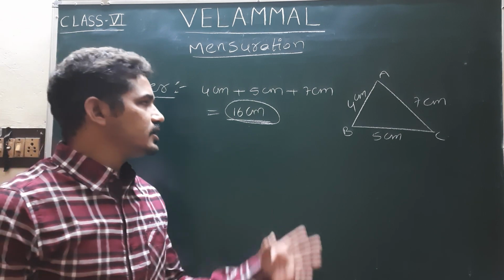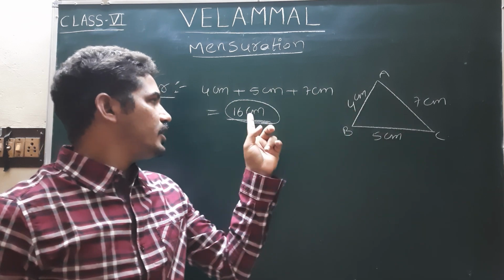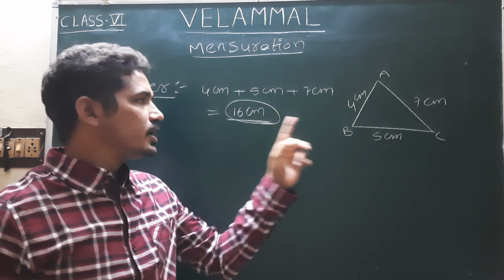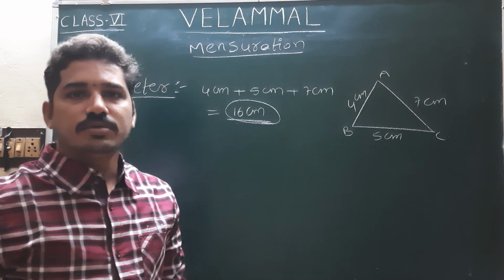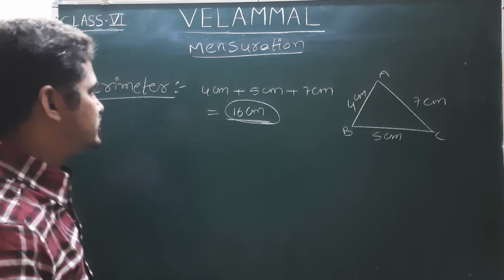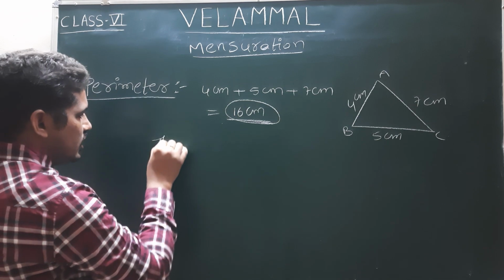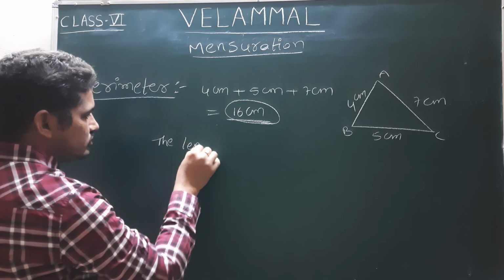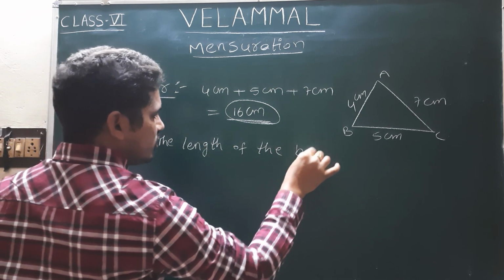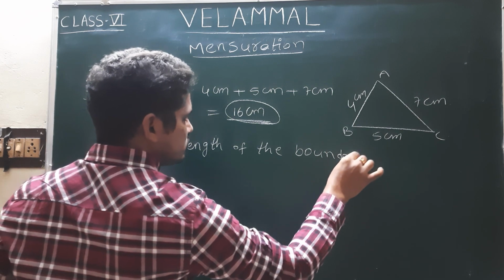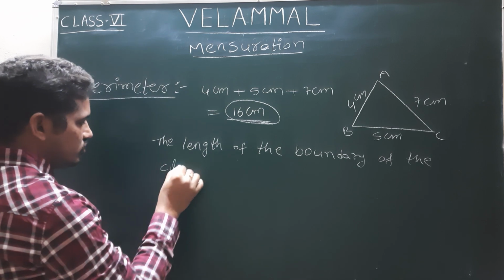How are we getting that 16 centimeters? We are adding all the sides. Correct? We add all the side lengths, and then we get 16 centimeters. So by that we can say perimeter is nothing but the length of the boundary of the closed figure.